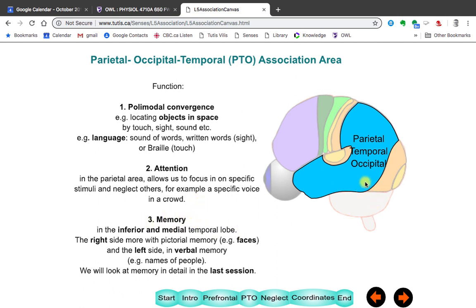And that's especially true for this part underneath here, the inferior and medial part of the temporal lobe. And we won't talk much about this today, but we'll talk about this in the very last lecture, lecture 12 of this course.